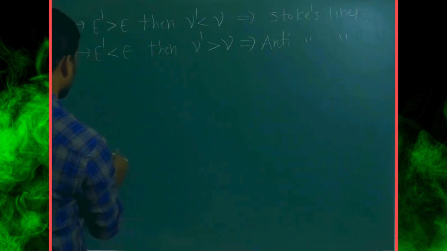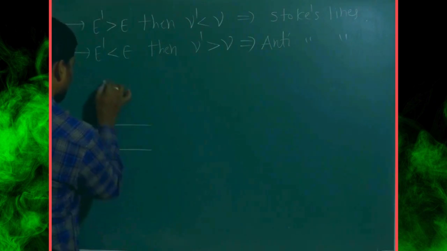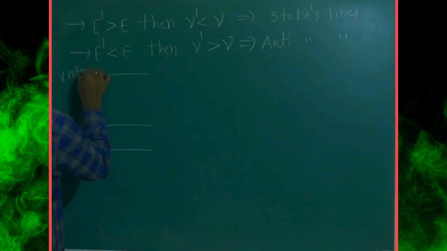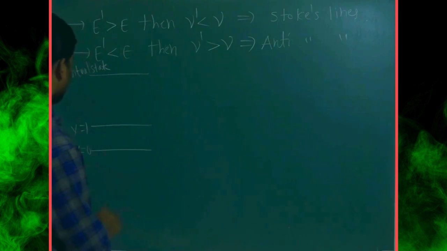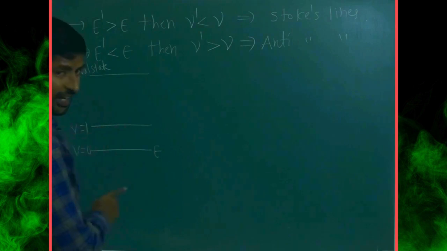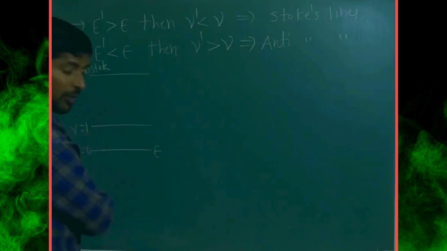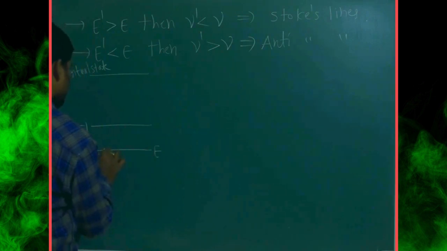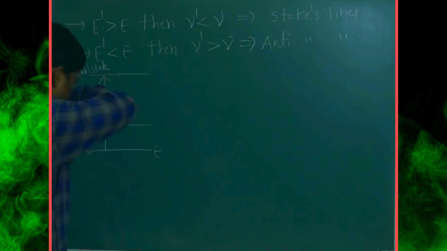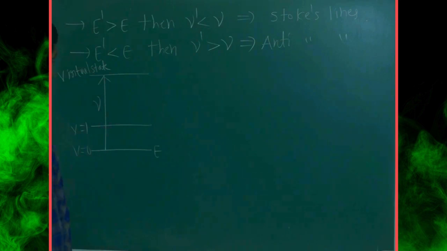For example, I am taking some vibrational energy levels 0 and 1, and this is some virtual state, an intermediate, imaginary state. Initially, before scattering, the energy of the molecule is E. Next, we apply incident radiation whose frequency is nu.